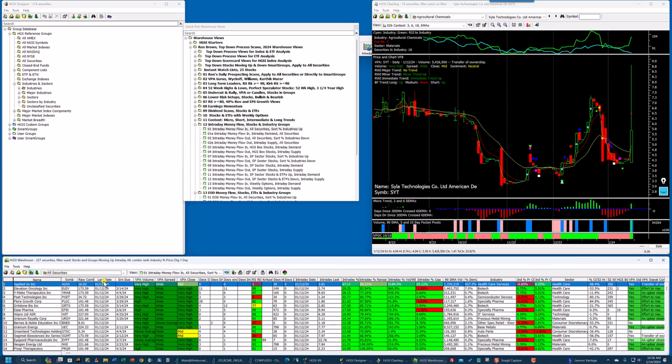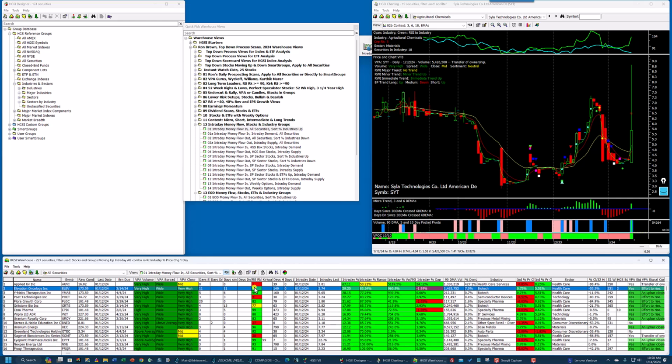But remember that this information here on the day since crossover is very important, as, like I said, are the relative strength. Here is an oncology stock that has been up for 12 days. Look at the RS on this.